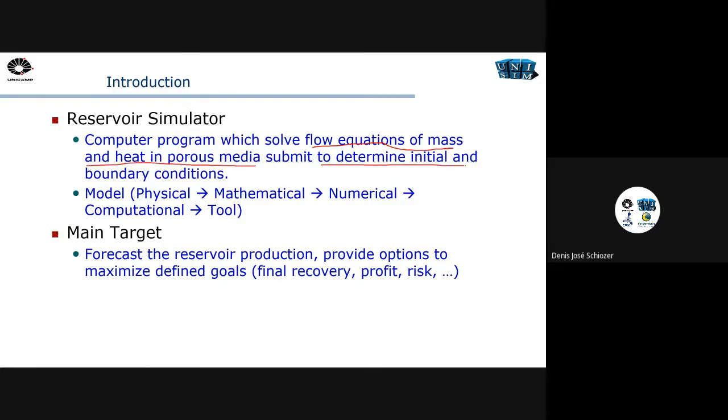And we have also boundary conditions that are trying to impose the fluid movements on the reservoir. So initially the fluid is there, it's not moving. So when we place wells, producers and injectors, we're going to change the boundary conditions in some places of the reservoir. For example, in the injectors, we're going to increase the pressure, and this pressure will try to dislocate the oil to move the oil into the producer.